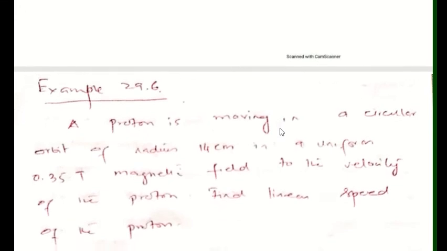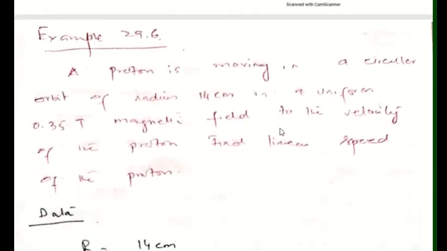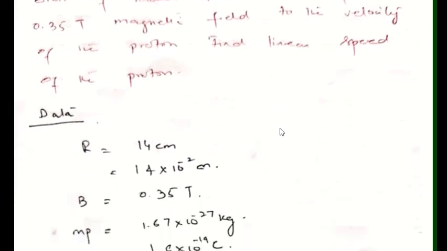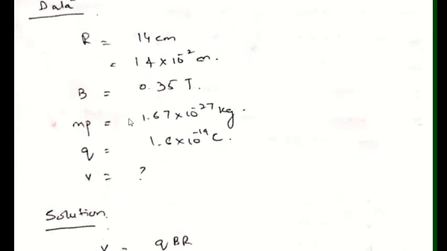So now coming to examples, example 29.6 is related to the article. A proton is moving in a circular orbit of radius 14 centimeters in a uniform field of 0.35 Tesla perpendicular to the velocity of the proton. Find the linear speed of the proton. So we have to find v.